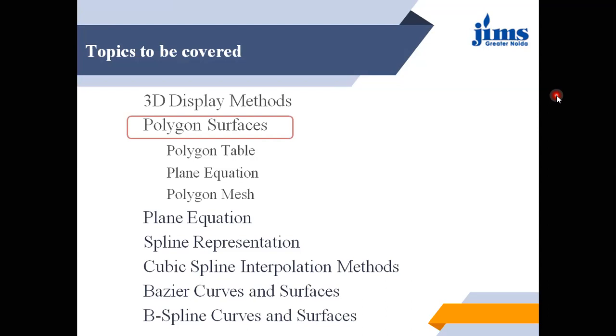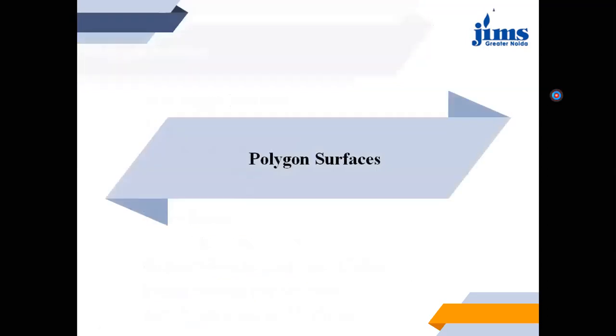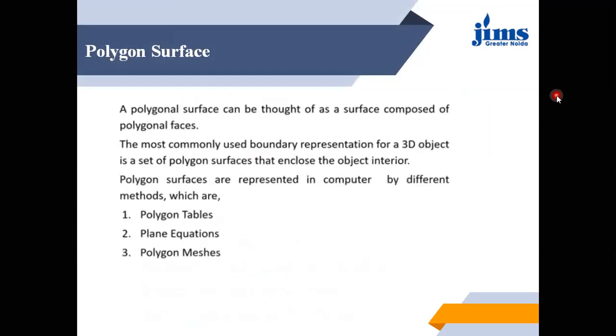As I told you, polygon surfaces can be represented in three ways: polygon tables, plane equations and polygon meshes.